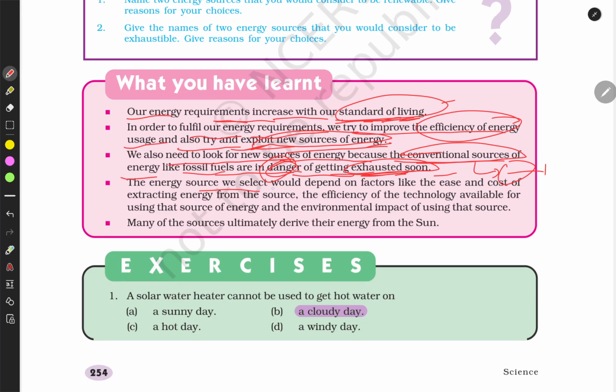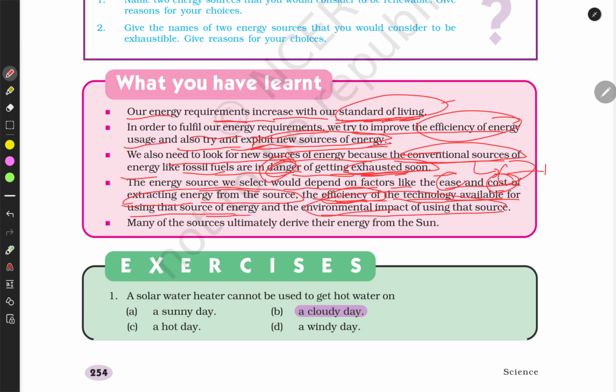The energy source we select depends on factors like the ease and cost of extracting energy from the source. It should not be very costly, and the technology available should be efficient for using that resource of energy, with low environmental impact.